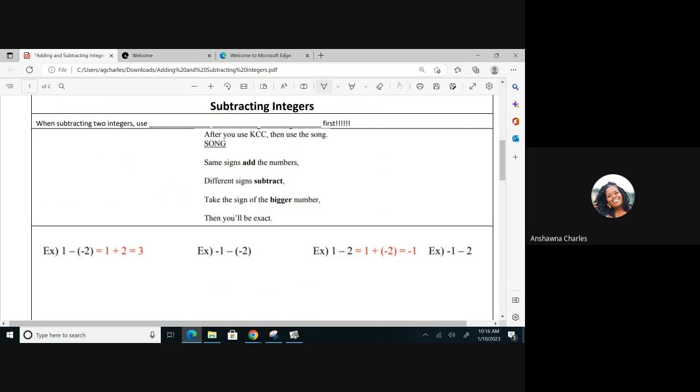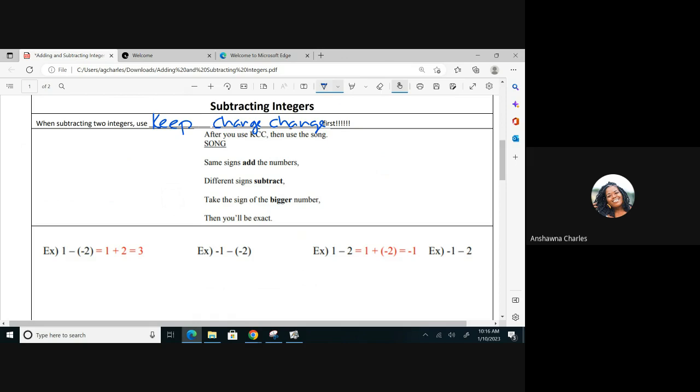Okay, when subtracting two integers, you're going to use the keep, change first. So I'm explaining that. You're going to use keep, change first, okay? And then I never heard of this song, but it was cute, so I'll put it on here, okay?